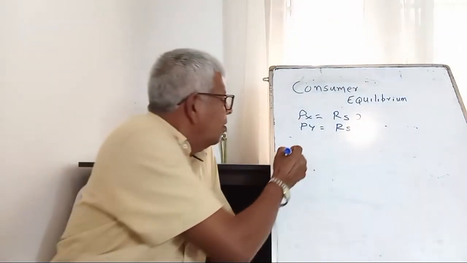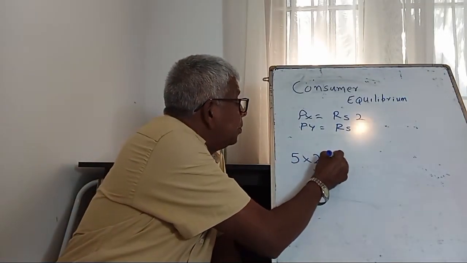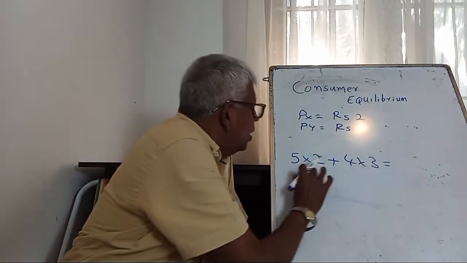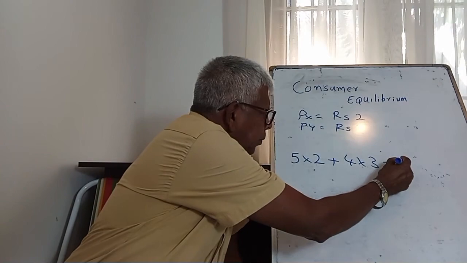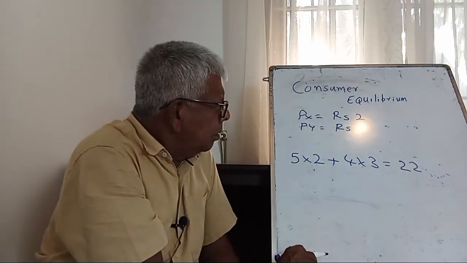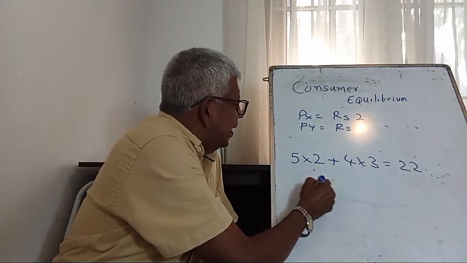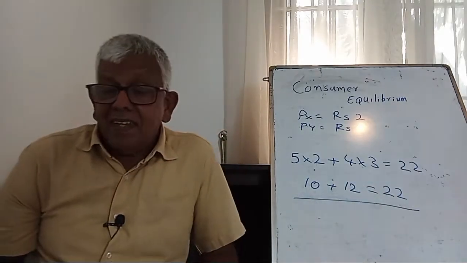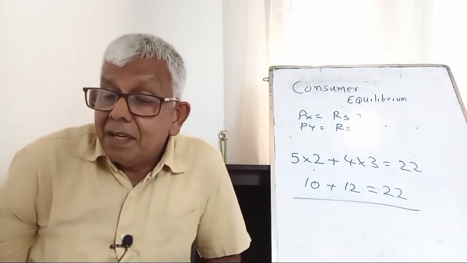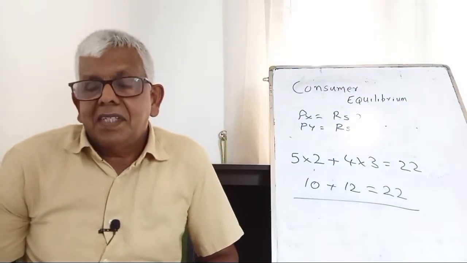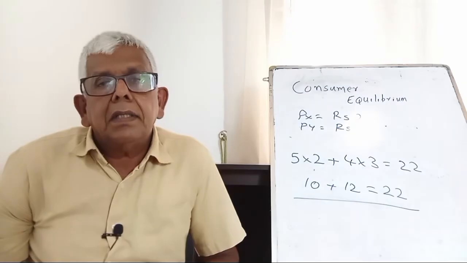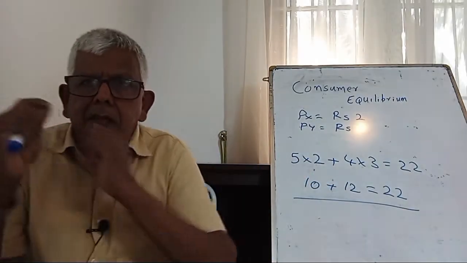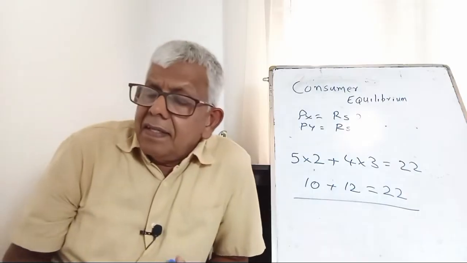Expenditure: 5 multiplied by 2 plus 4 multiplied by 3, that is 10 plus 12, equals 22 rupees. Therefore, expenditure equals income. Therefore, that is an equilibrium point.